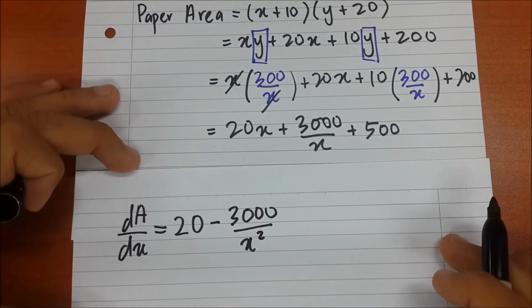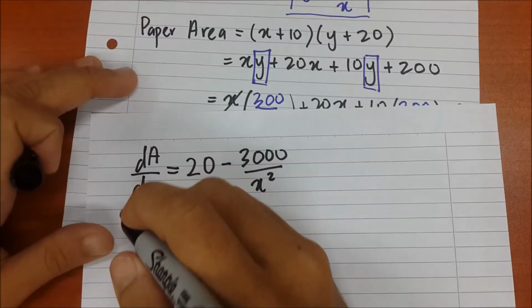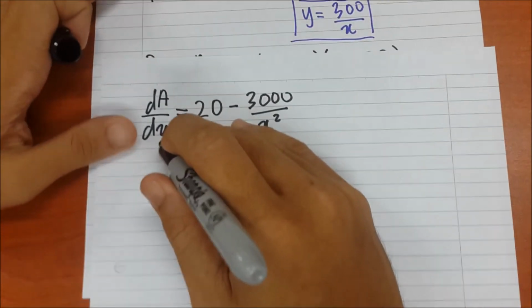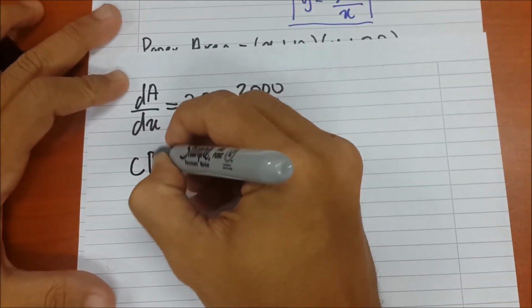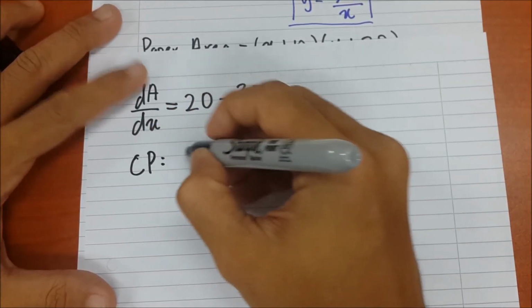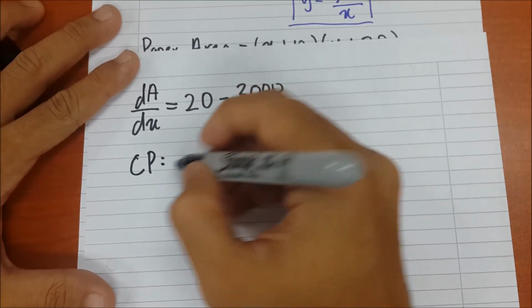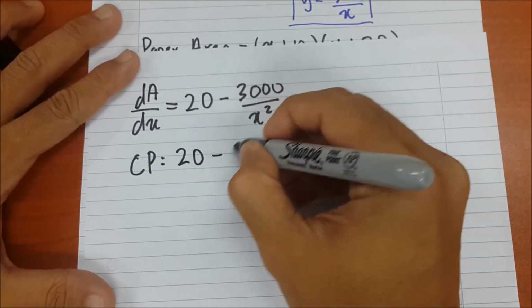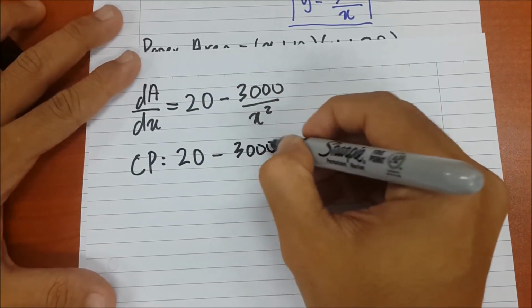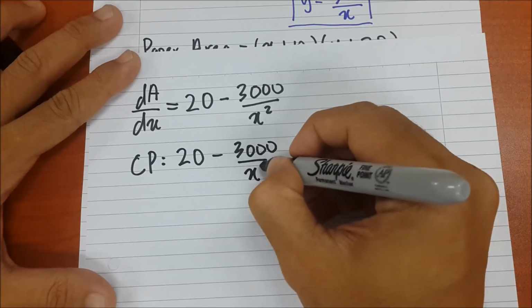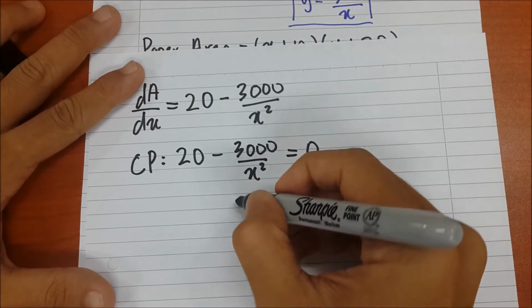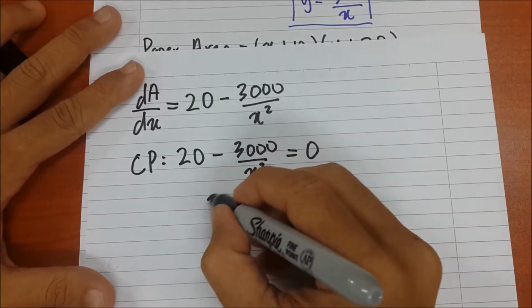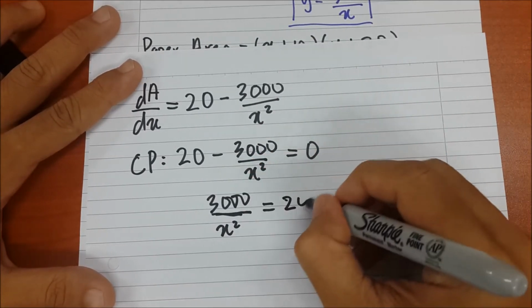No need to write that. Right, and the critical point occurs when the derivative equals 0. This thing here equals 0.